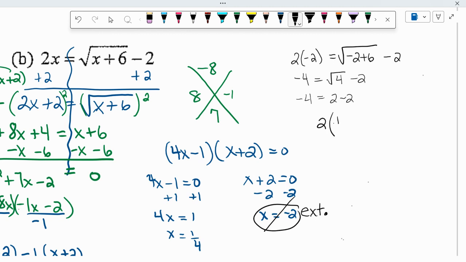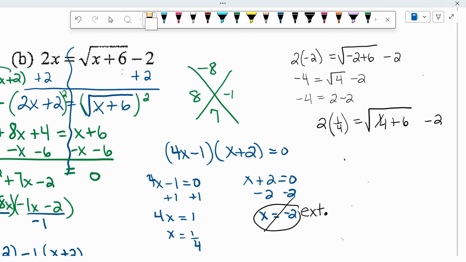2 times a positive 1/4 equals the square root of, I'm just using this equation right here, 1/4 plus 6 minus 2. So calculators, what's 2 times 1/4? It's 1/2.